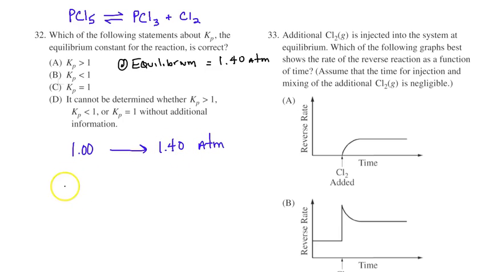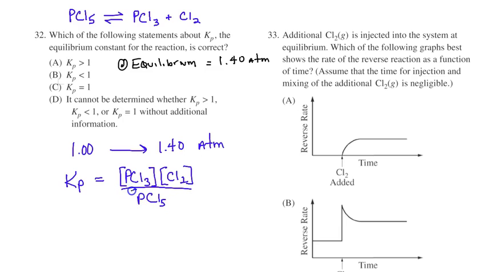We know that Kp, we call it Kp only because it's dealing with equilibrium of gases. So that would be products: PCl3 times Cl2 over PCl5.